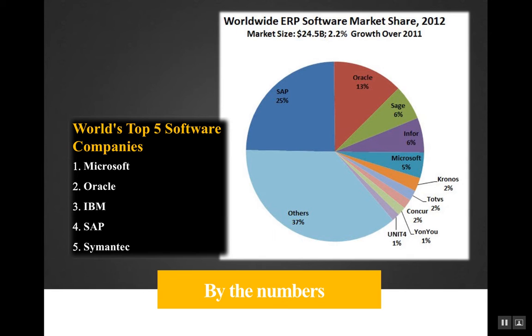And you'll see some of these other software platforms out there, Kronos, which does time entry systems. But you also see a 37%. So once you get beyond the first three or four organizations, the whole ERP market can be pretty fragmented as well.